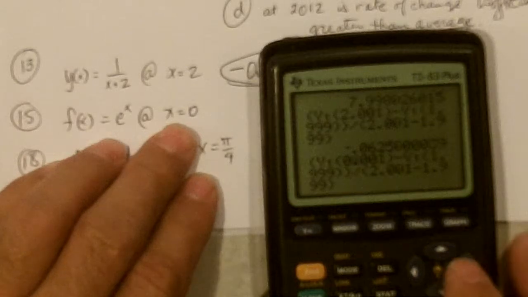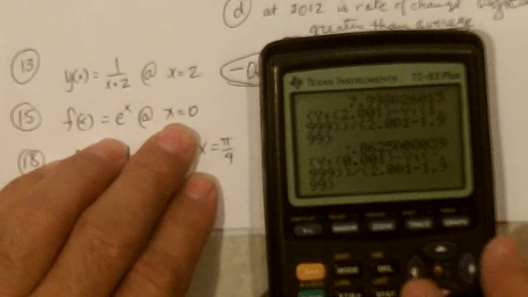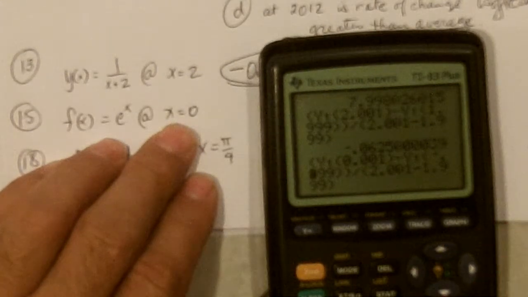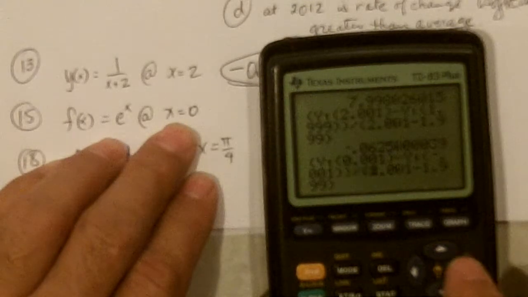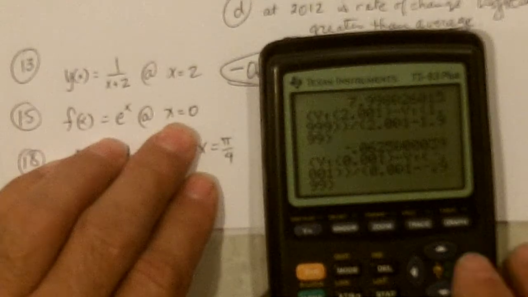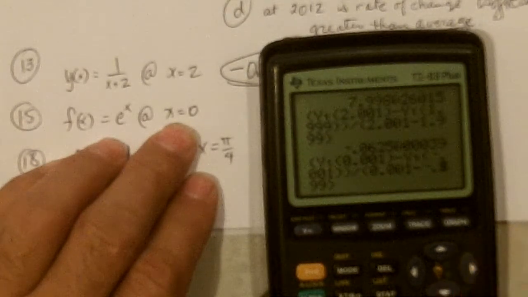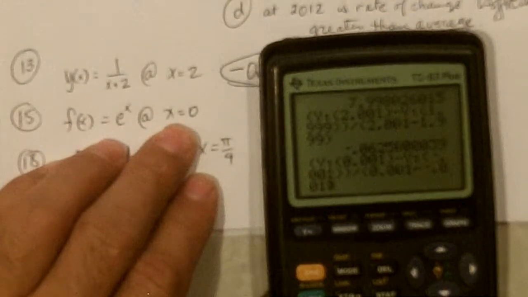So that would be 0.001, and just before 0, which is negative 0.001. That's just a little bit before 0. And same here, minus 0.001.